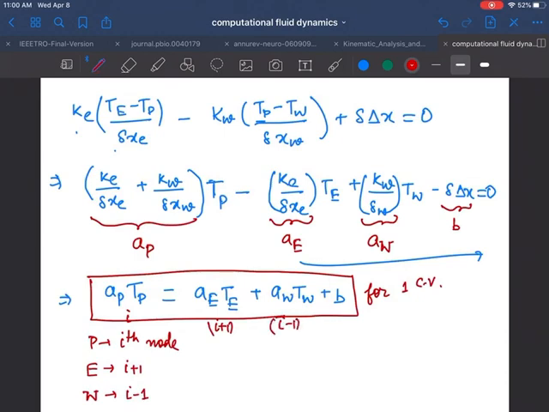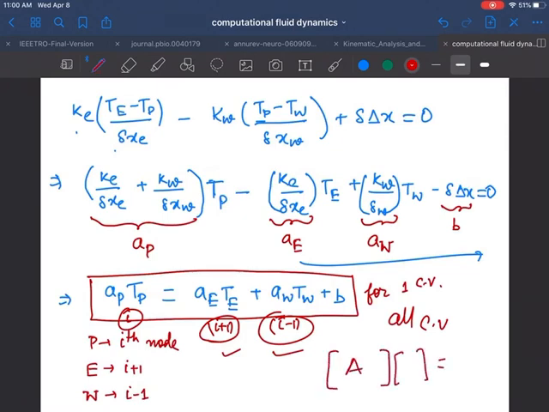So your ith node is influenced by the i plus 1 and i minus 1 nodes, and you can write this for all control volumes, and you can club it in the form of an Ax is equal to B type equation. You can invert it and you can get the solution of all TPs in one go. So that's it for today's lecture.